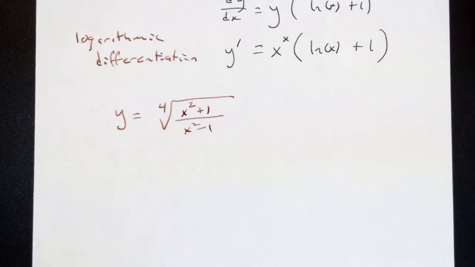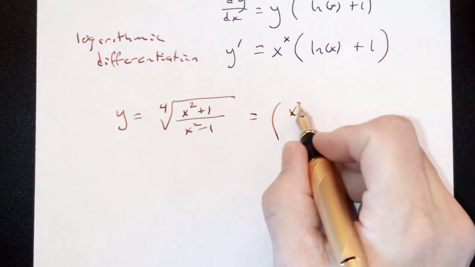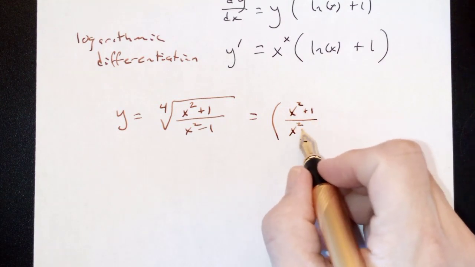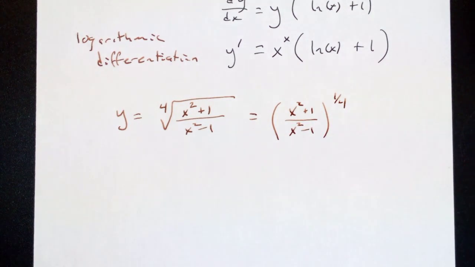If I ask you to find the derivative of this, before you throw something at me, you would say, all right, wait a minute, that's ugly to the 1/4. So I can do the chain rule: 1/4 ugly to the -3/4, and then the derivative of the ugly, which is the quotient rule.